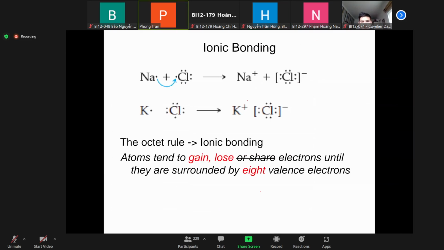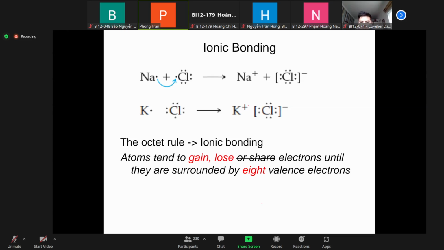Now, we go to the case of ionic bonding. So if you pick up the sodium metal here, you have the electron configuration of neon 3s, sorry.